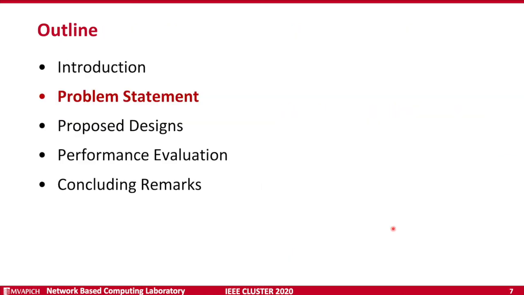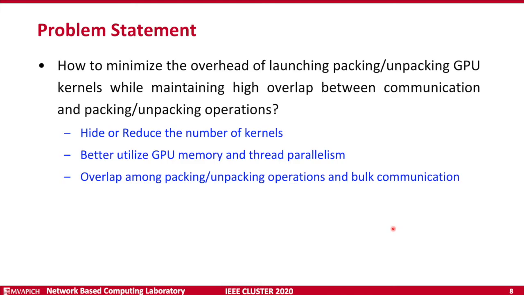So in this paper, we're trying to resolve this. We're trying to see how we can minimize the overhead of launching kernels while still maintaining high overlap between the communication and the packing and unpacking operations. The key goals are the following. First, we're trying to hide or at least reduce the number of kernels we launch for packing and unpacking.